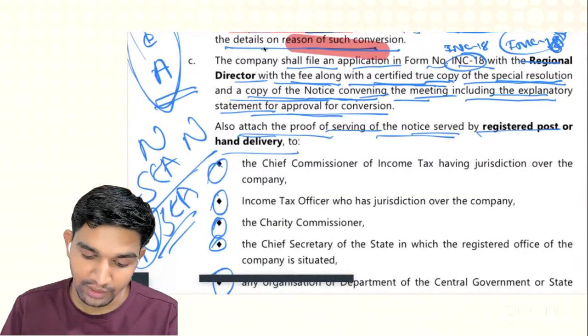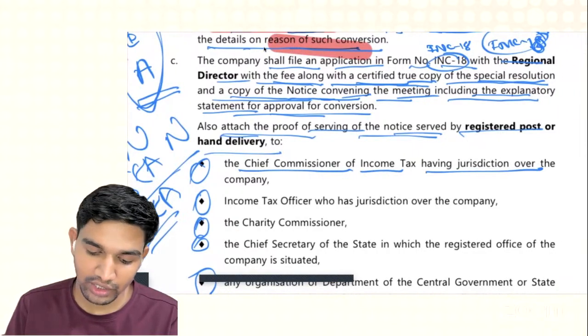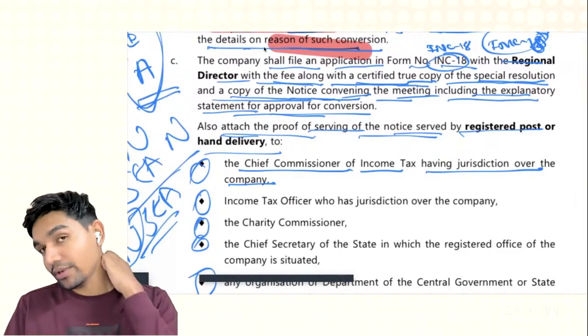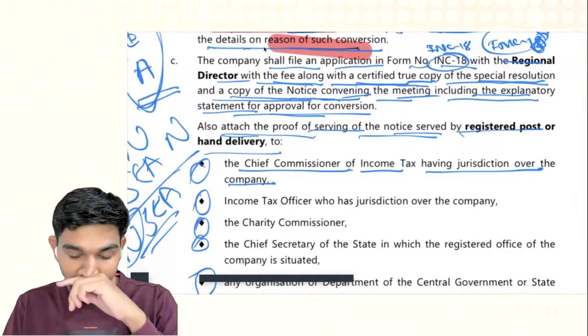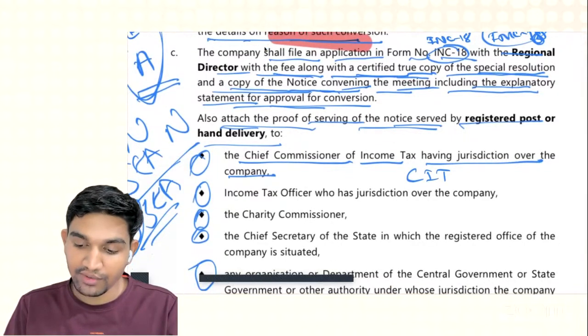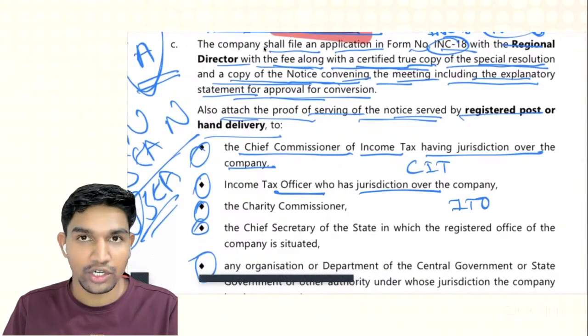Okay. Now, the Chief Commissioner of Income Tax having jurisdiction over the company. Here, the Chief Commissioner to whom we have to send the notice, CIT, Chief Commissioner of Income Tax having jurisdiction over the company. The Income Tax Officer, ITO, who has jurisdiction over the company.